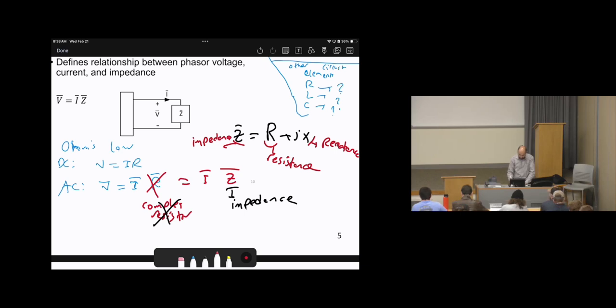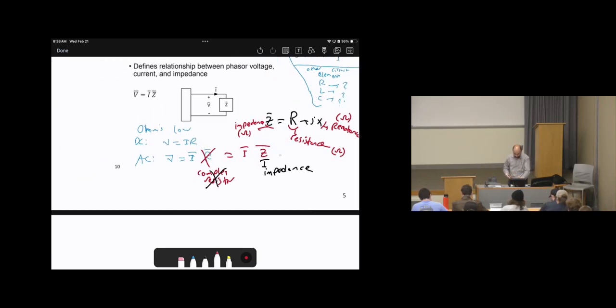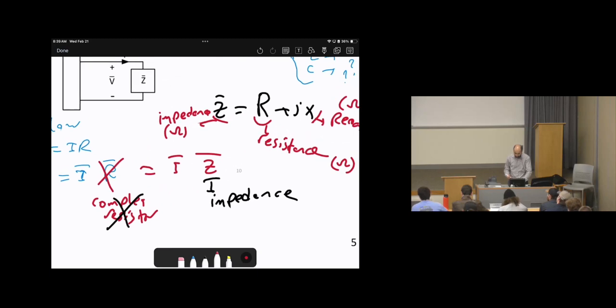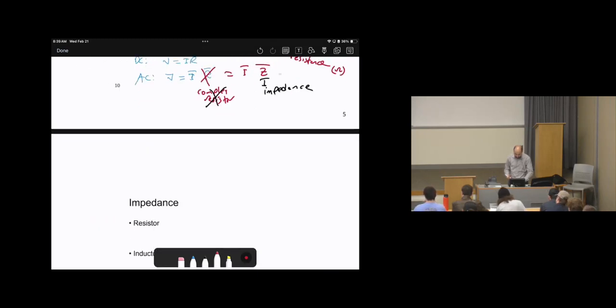And what's the unit for every element? All of them, the unit is ohms. So it's just like we defined real part, imaginary part, then impedance, reactance, and resistance.